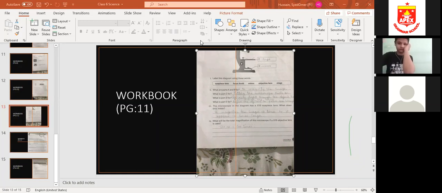What is part C? Yes, Nurul Iman, you can tell me. Stage. Yes, it's stage.